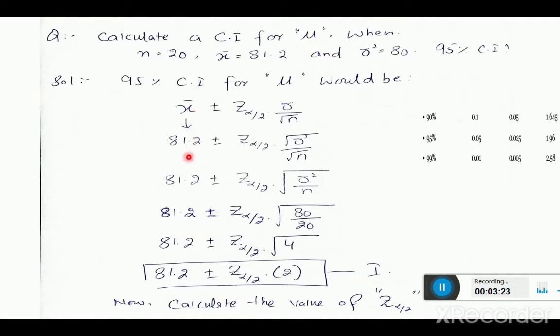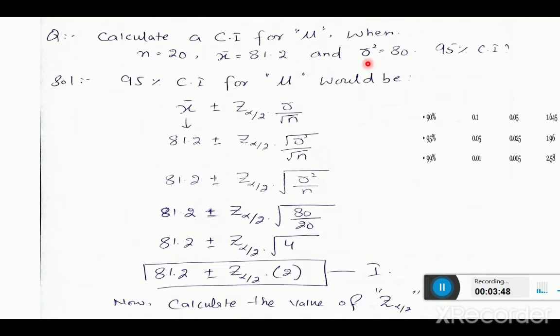So 81.2 plus minus z alpha by 2. In the formula, the standard deviation is given, but in this question I have the variance.